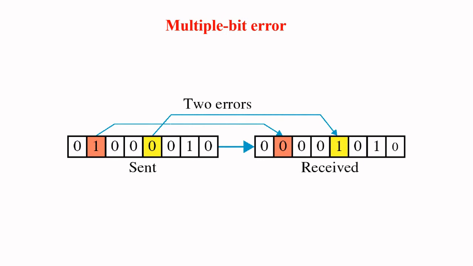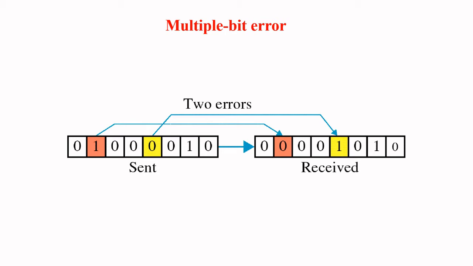Now, multiple bit errors. In multiple bit errors, again some data is transmitted, sent, and some data is received. Here we can see that there are two digits that have been changed. The second bit from left to right, that is 1, is changed to 0. 1 is sent and 0 is received.